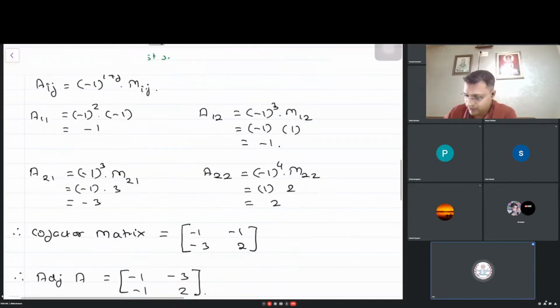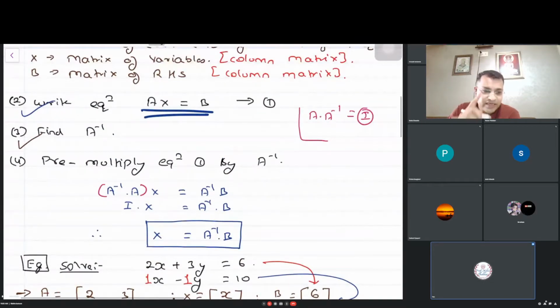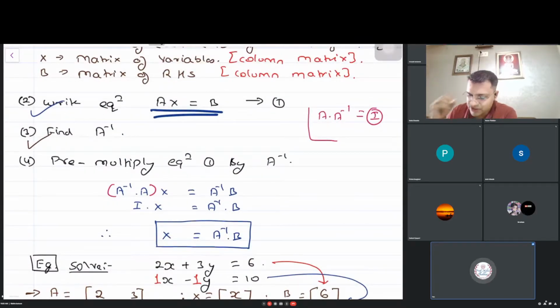After getting A inverse, guys, let me go back to the page where we have written the steps. We are now left with the last step, step number 4. Let's do it quickly, which says pre-multiply. This is a very important word, pre-multiply. Now you will understand the importance of this. Just see.